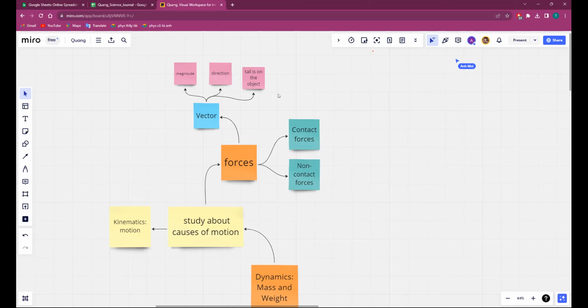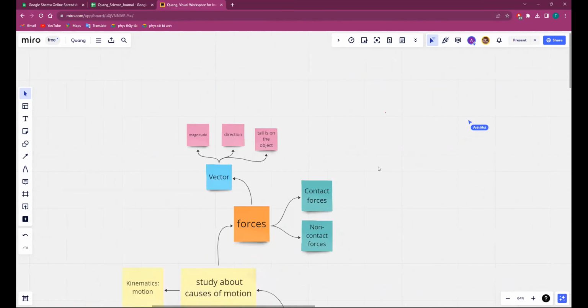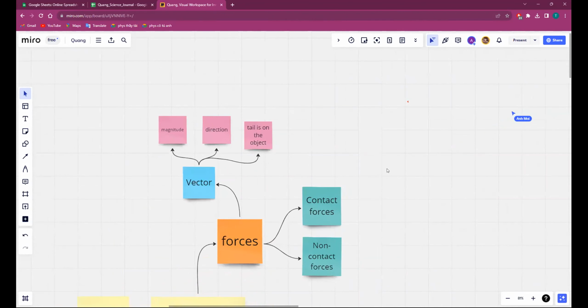Negative means it's going in the opposite direction, opposite to the motion direction. Usually we assign the motion direction to be the positive one, so if something is against the positive direction, it should be negative. But sometimes you can choose any direction to be positive. It depends on how you choose it, but usually we choose the motion direction because it makes sense.